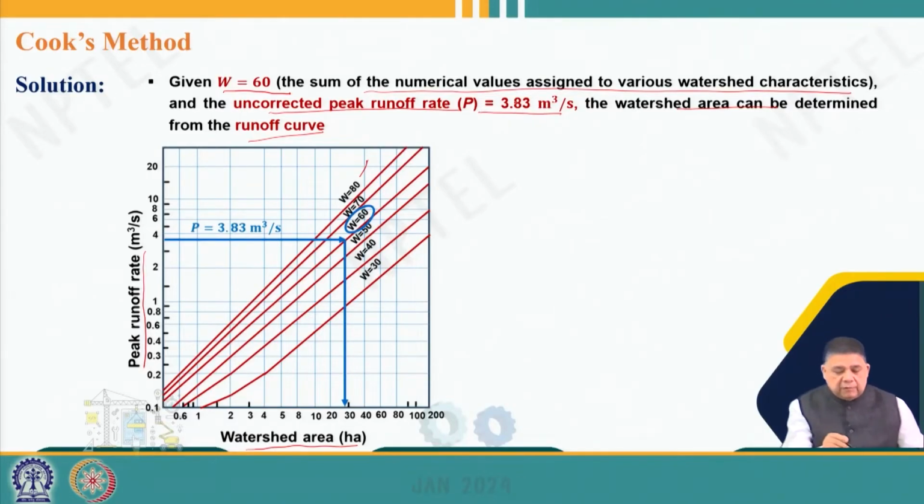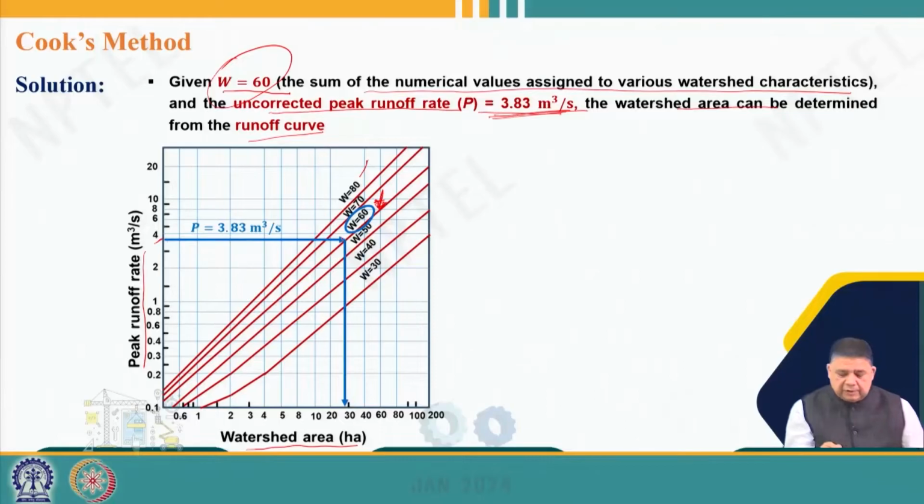In this case we know W equals 60, so we have to target the W equals 60 line, and the uncorrected peak runoff rate value we know is 3.83 cubic meter per second.